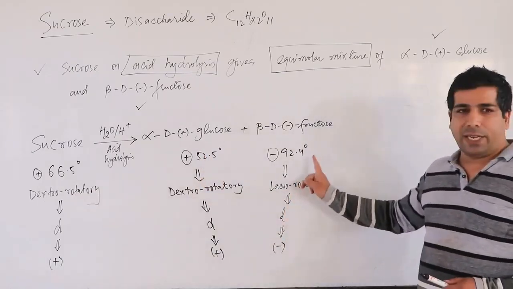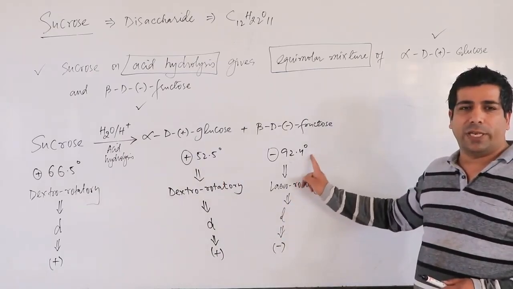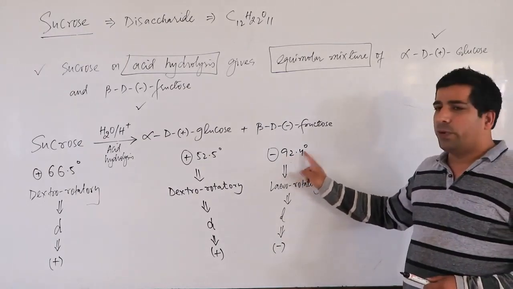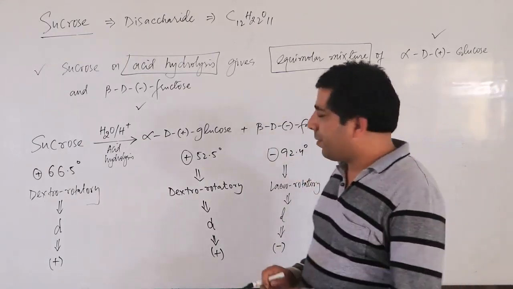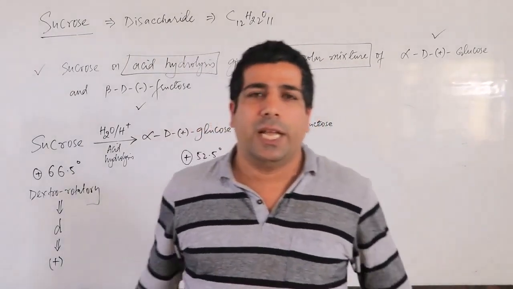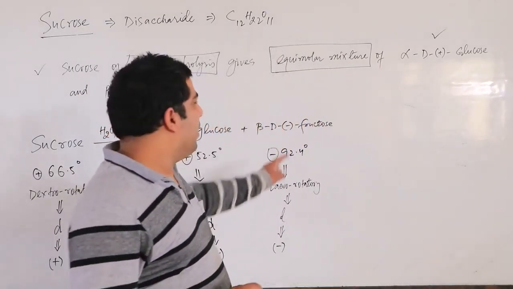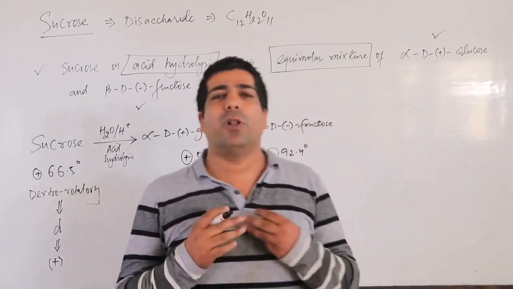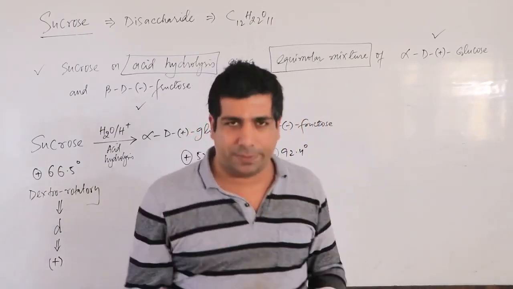And this one can rotate the light in anti-clockwise direction by how many degrees? 92.4 degrees. Now if I compare alpha D plus glucose and beta D fructose, these two molecules, which one is capable of rotating the light more?